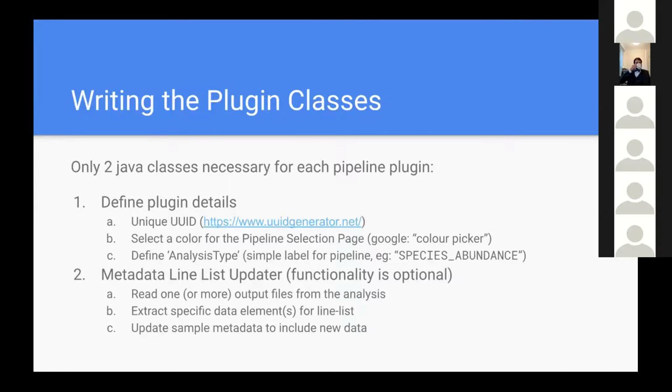But if you do want that functionality, the basic steps are: read in one or more output files from your analysis, extract the specific data elements that you want from those files, and update the sample metadata to include that new data. And that example plugin has an example of all this code. So it's really a matter of starting from that example and tweaking until you get the data that you need.